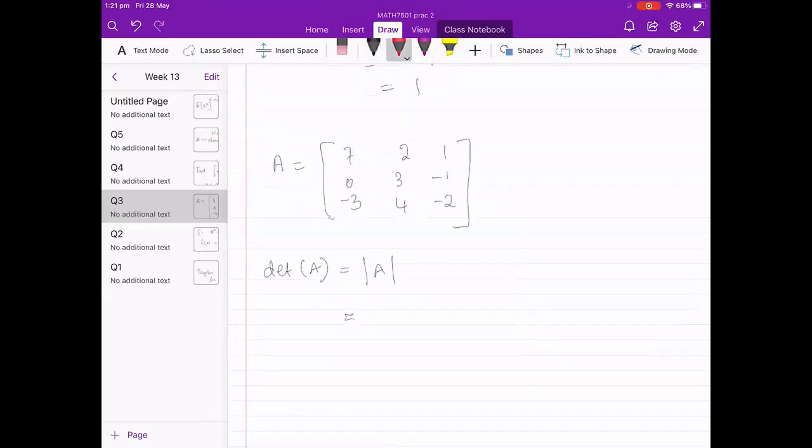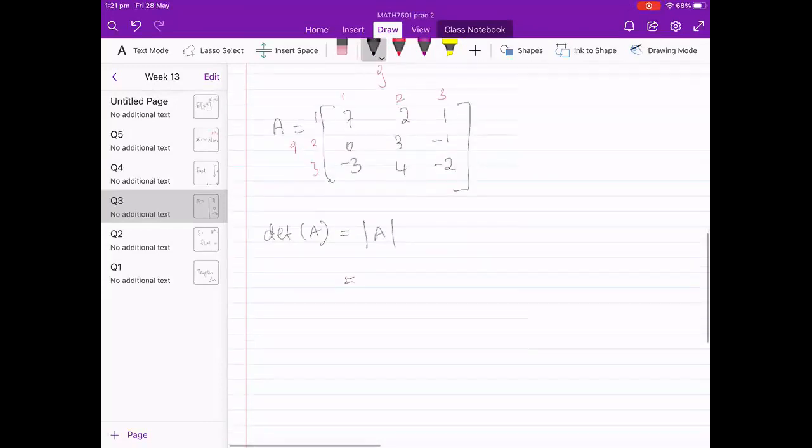Okay, so if that's I 1, 2, 3 and J 1, 2, 3, rows are I's, columns are J's, then using the cofactor method, if I expand along the first row, that would be minus 1 with 7, and then determinant of, ignore the first row and first column.